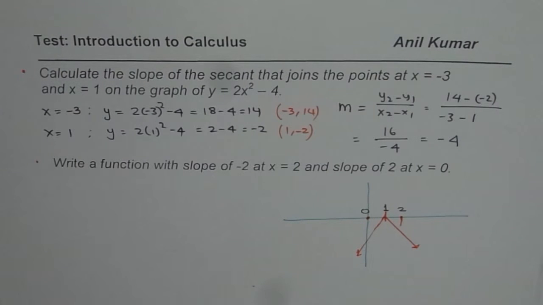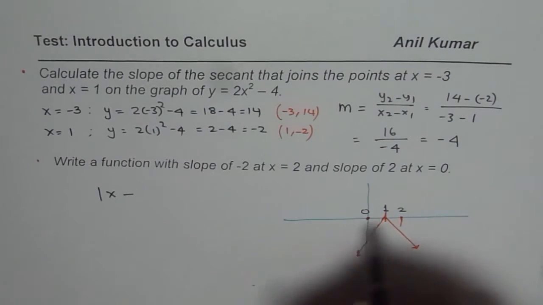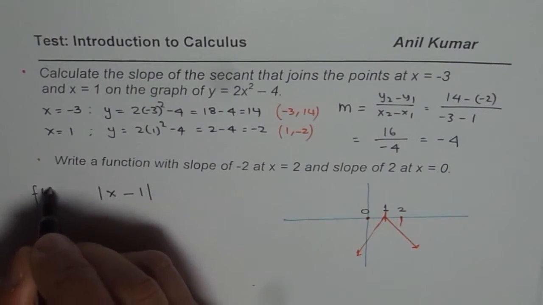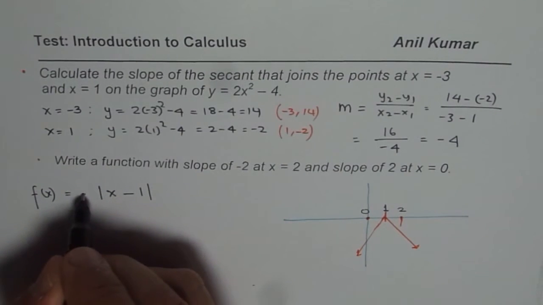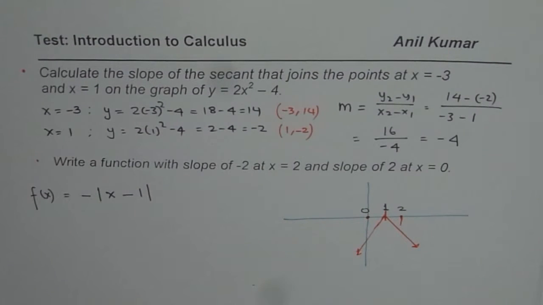So from this we can have equation as absolute x minus 1, right? That could be our function, and since we flipped it, it could be negative of this. So that could be one of the solutions, right? So it is not necessary that this is the only solution, right? There could be many solutions.